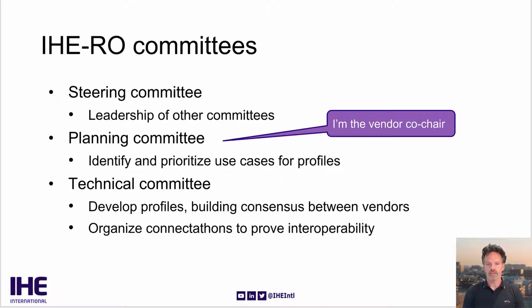The technical committee develops profiles and builds consensus between vendors on how things should best be solved in order to achieve the use cases and the benefits that the planning committee has helped define. The technical committee also organizes the Connectathons, where vendors prove interoperability using the different profiles.